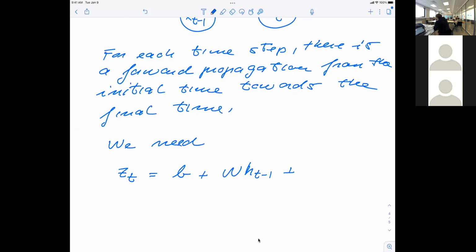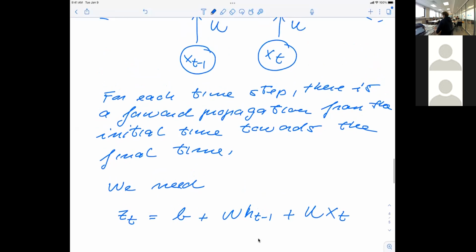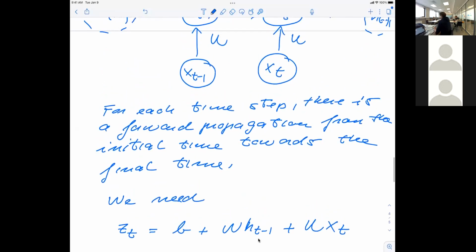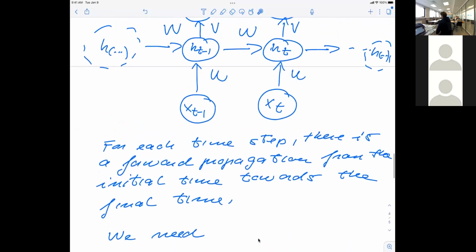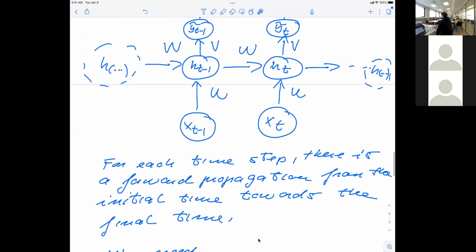And then what we need as well is this matrix U multiplied with x at the time t. So what you have there is this external input to your system, which then affects your system and produces an output.